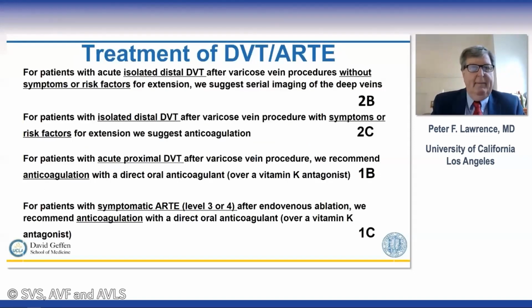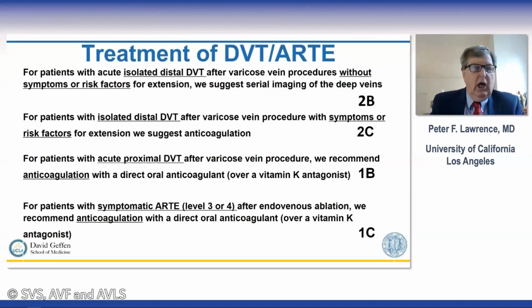So what are the recommendations? Well, for isolated distal DVT, such as calf vein DVT after a procedure, the 2B level evidence is that when they have no symptoms, it's recommended simply serial imaging. For patients who are symptomatic with the same isolated DVT, the evidence is stronger for anticoagulation.